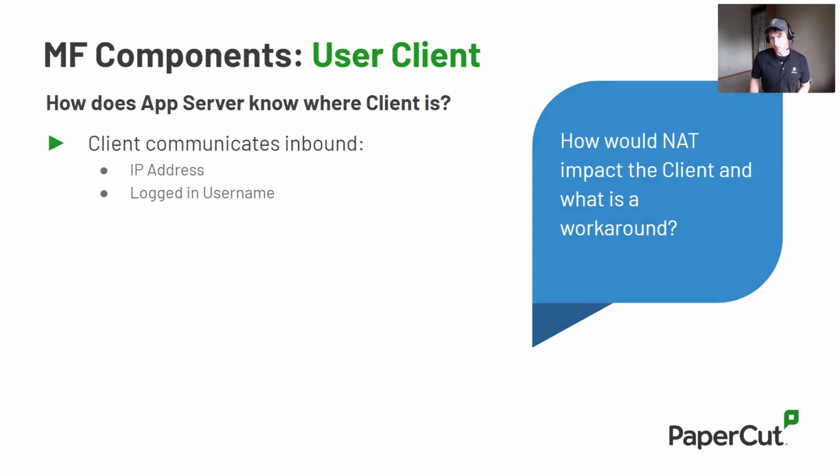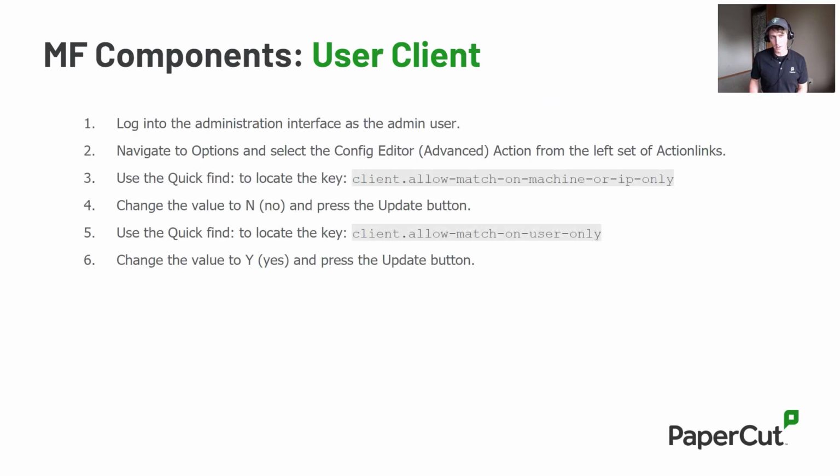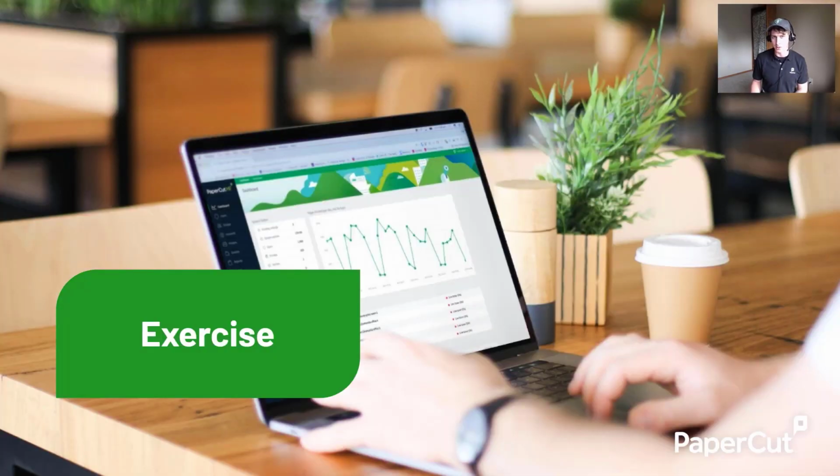So how do we get around that? There is actually a capability in PaperCut. There's a config key in the config key editor that allows you to match only on username and not on IP. So it's just a workaround, but it's really important for certain situations. One of them is in the event that you have network address translation.